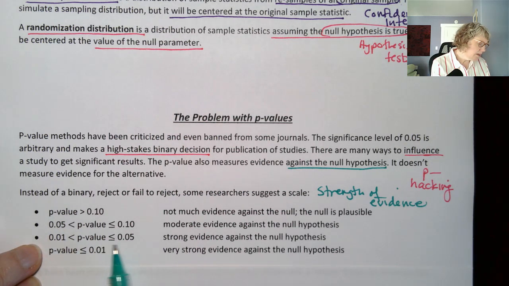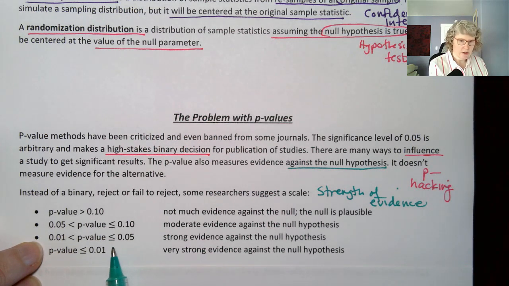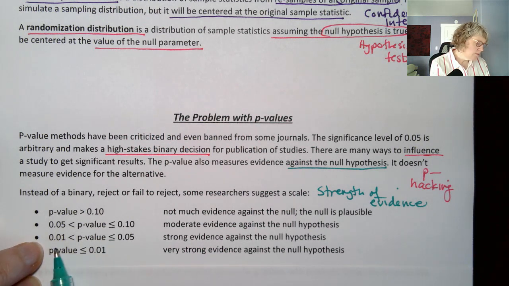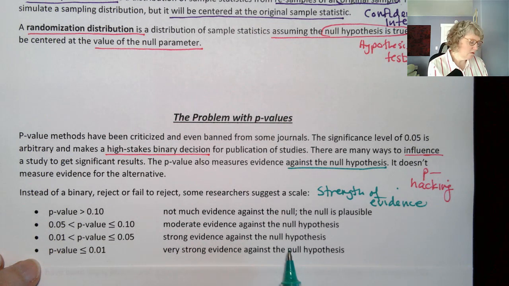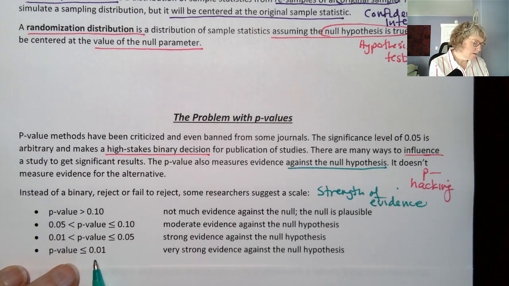Then here we're getting into where we have rejected the null. If we're under or equal to 0.05, down to 0.01, we could say that's strong evidence against the null. And if it's less than 0.01, that's very strong evidence against the null. And we have seen that in some of our examples.